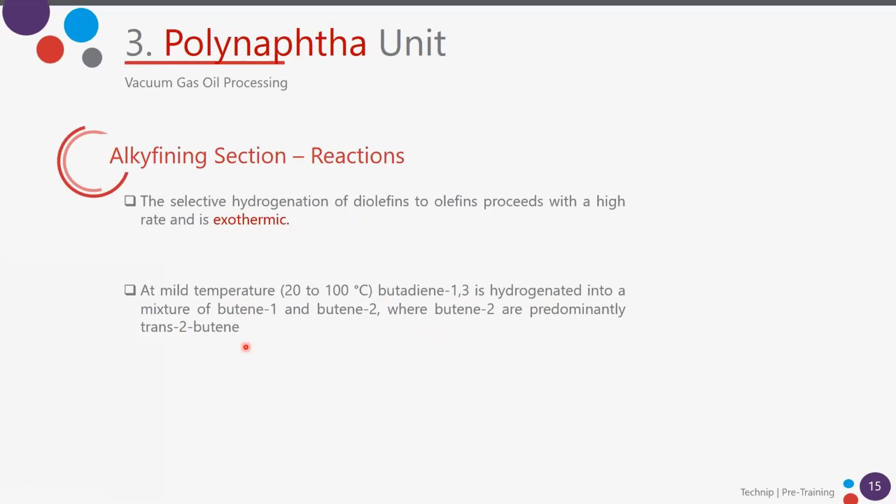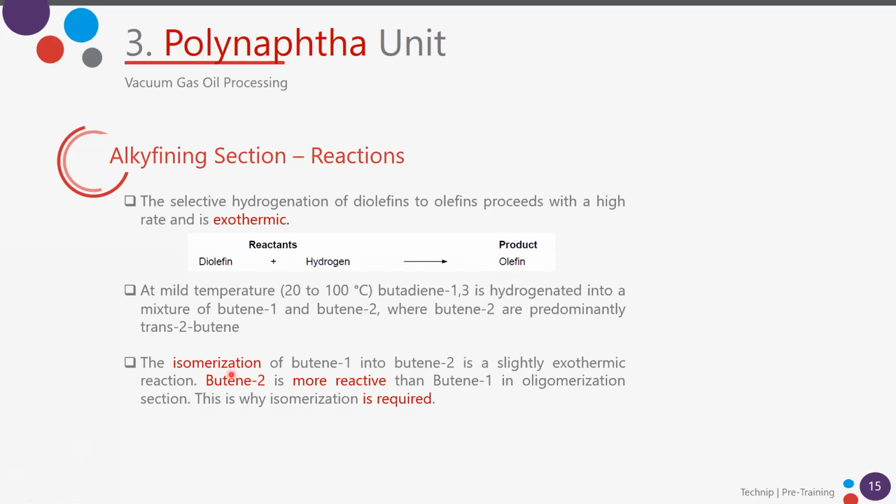Remember that you can have the trans and the cis, but in this case, we will have more the trans 2-butene. So this is the reaction. A diolefin plus hydrogen will give you an olefin that we saw, the butene 1 and butene 2.